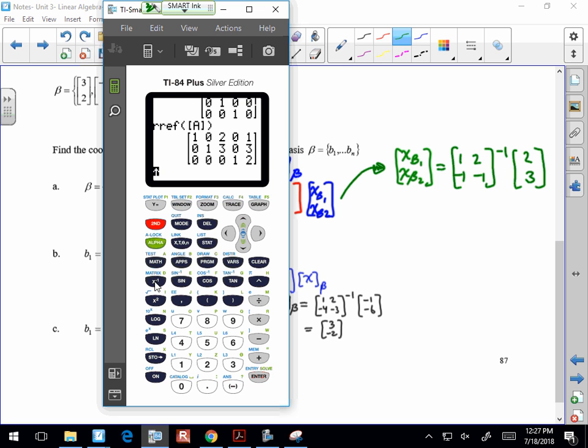So matrix A inverse multiplied by matrix B. So negative 8, 5.